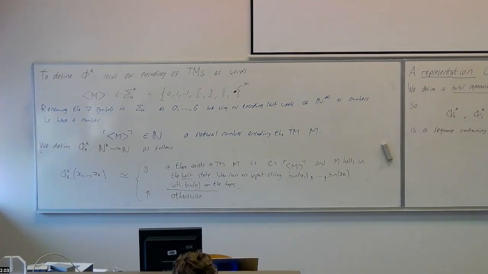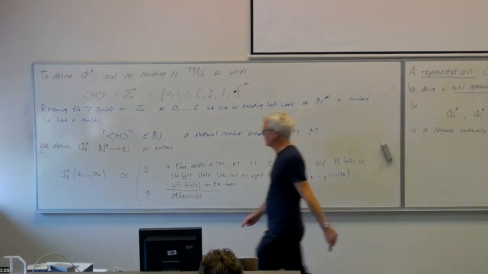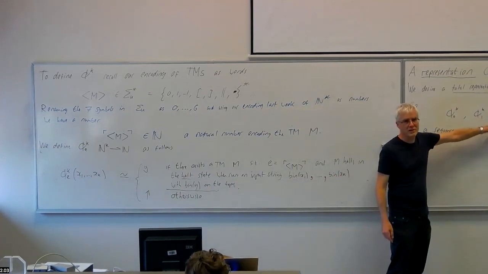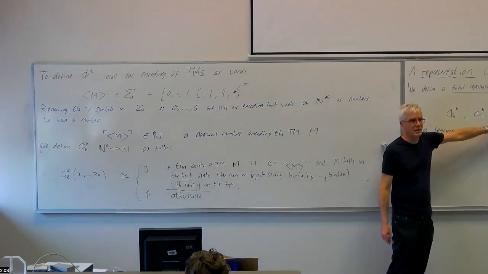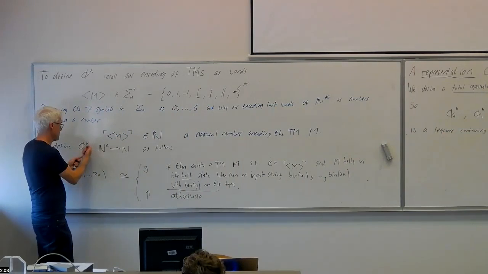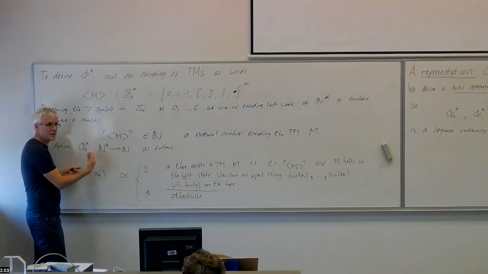It's clear that every computable partial function of arity k is going to appear as phi sub e for some e, because by definition, a computable partial function is computed by some Turing machine. So let e be the code of that Turing machine, and phi sub e, superscript k, is then that computable partial function.